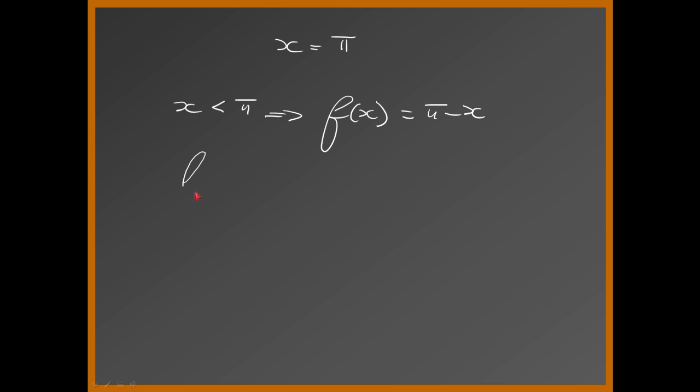The fourth boundary point is x equal to pi. When x is less than pi, the function f of x will be equal to pi minus x. This means that the limit as x approaches pi from the left of f of x will be equal to pi minus pi, which is 0.